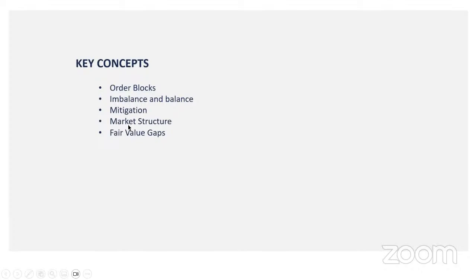You've identified market structure. And fair value gaps are simply an extension of this concept of balance and imbalance, where the market has to come back to a gap or an imbalance. So a fair value gap is simply an imbalance in the market. If the market has to come back to an imbalance before proceeding, we call that a fair value gap.